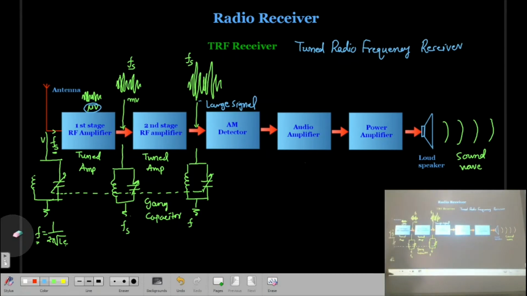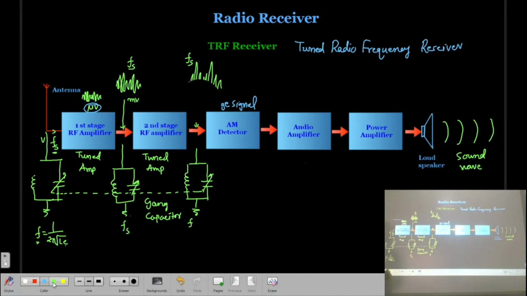So in a radio receiver, what will happen? If these amplifier stages are very near to each other, and normally the circuit is very compact, so all the components, all the stages are very near to each other, and here the signal is powerful.